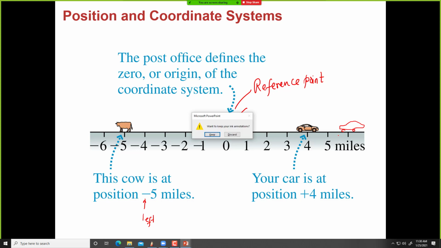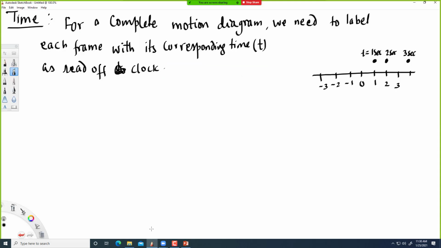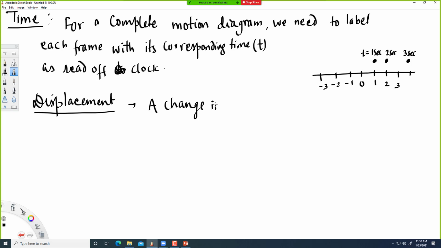So in physics, the change in position is called displacement, which is one of the important physical quantities. So displacement is the change in position of an object.